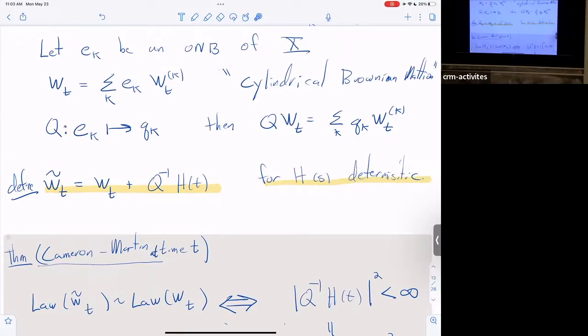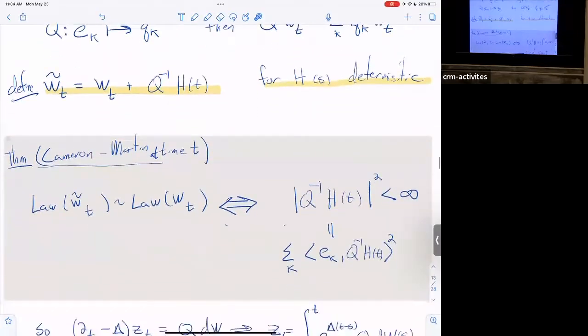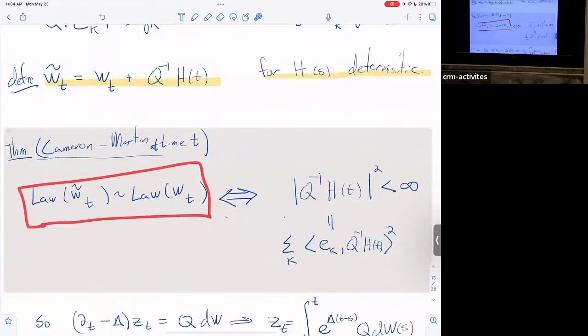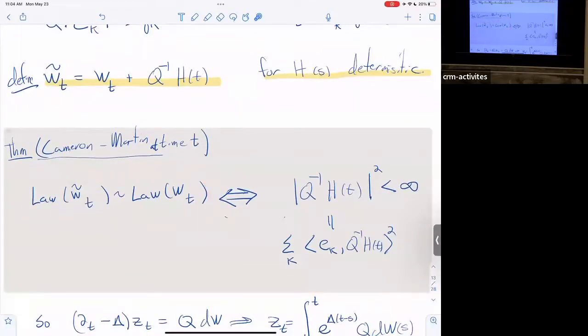So the celebrated Cameron-Martin theorem says that if you have some deterministic function h of t, and I define W tilde to be W plus this shifted function, then the laws up to time t are equivalent if and only if this L2 norm, so I should have maybe put in L2 here, this L2 norm is finite, where this is what I need, okay?